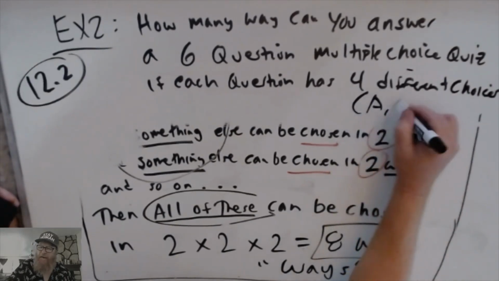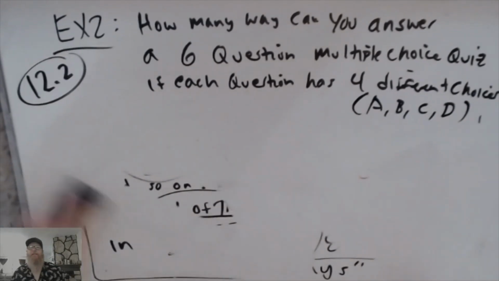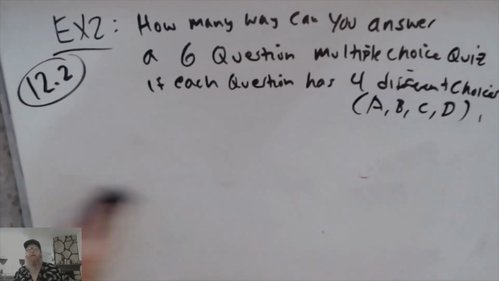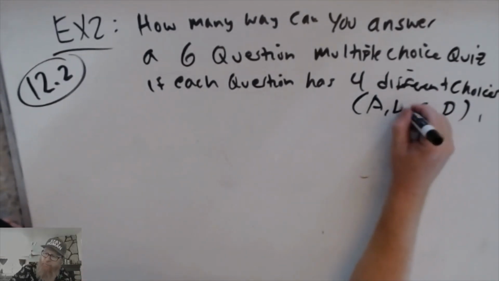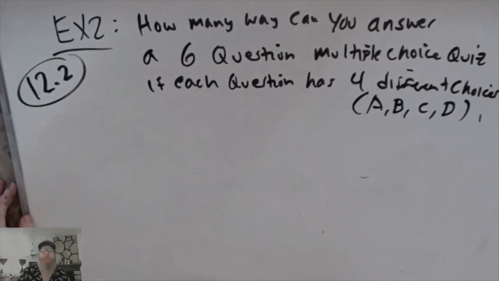In other words, A, B, C, and D. Typical multiple choice question test. Some multiple choices we do A, B, C, D, and E. For this example, I'm just doing A, B, C, and D.